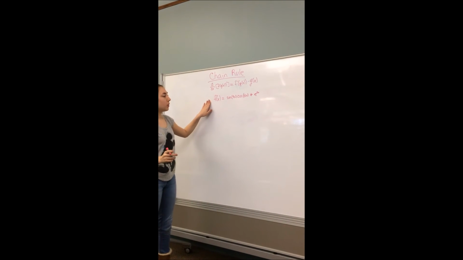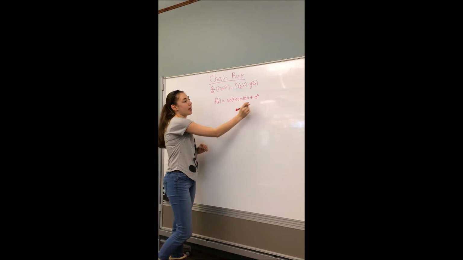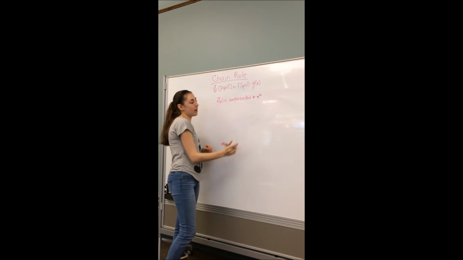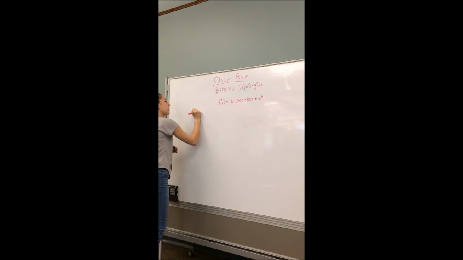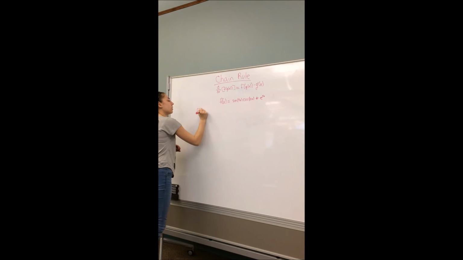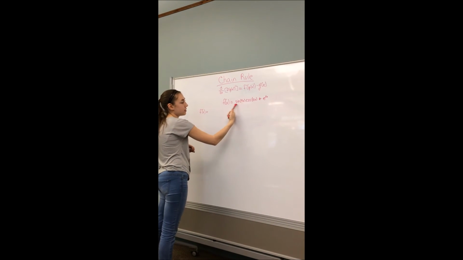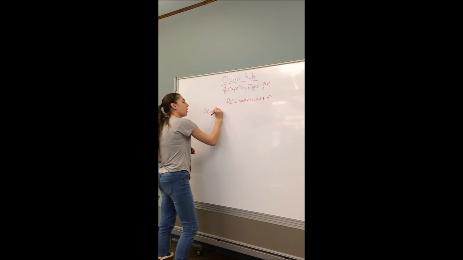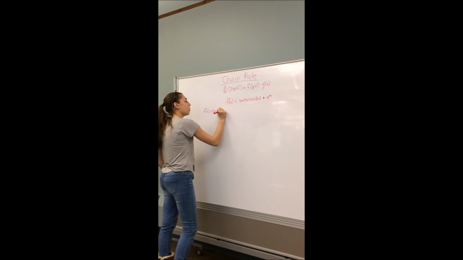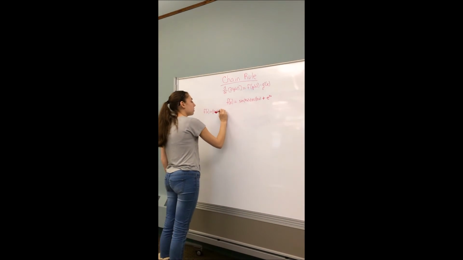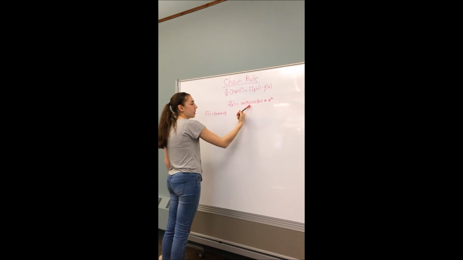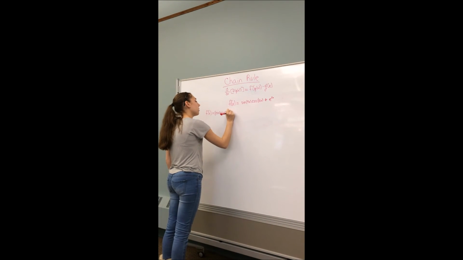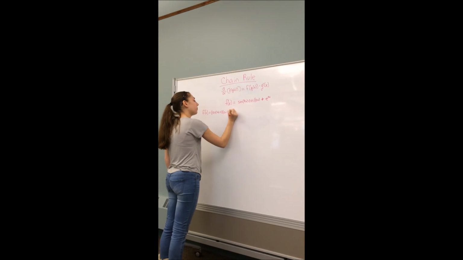Okay, for this problem, we're going to take some trig functions and add it to e to the 5x. So the derivative of this function is, start out by taking the derivative of the first term. So it would be cosine of 4x, then multiply it by the inside, which is 4, and multiply it by the second term, which is cosine of 10x.